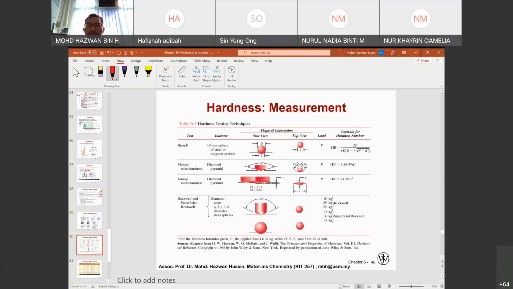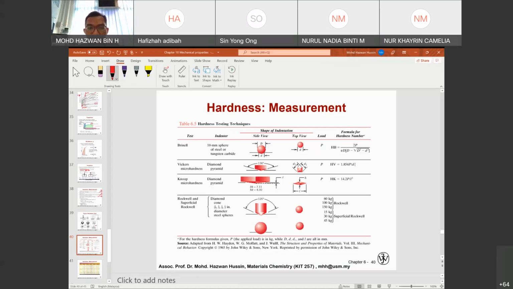All right, so as a comparison, this is actually what I told you. For the hardness testing techniques, the type of indenter makes the difference, because it will give you a different hardness number and, I think, different results. For Brinell, it uses a 10 millimeter steel spherical or tungsten carbide indenter.